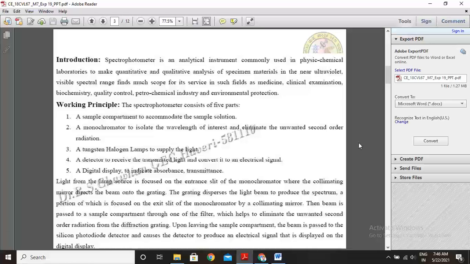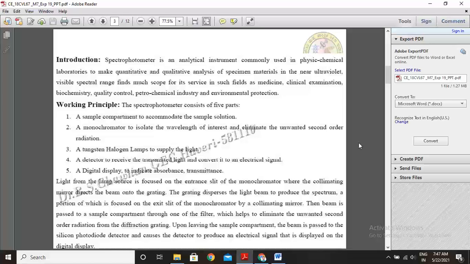The visible spectral range finds much scope for its service in such fields as medicine, clinical examination, biochemistry, quality control, petrochemical industry and environmental protection. In these fields, this spectrophotometer is used.